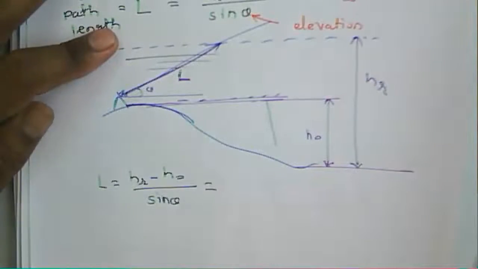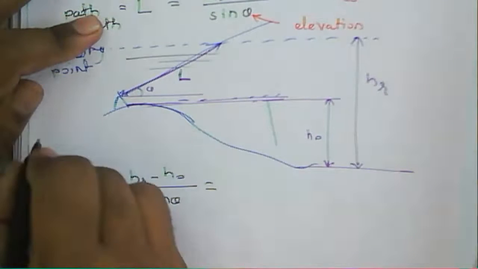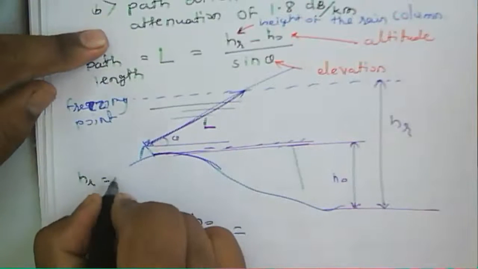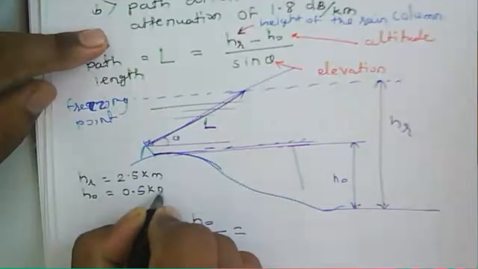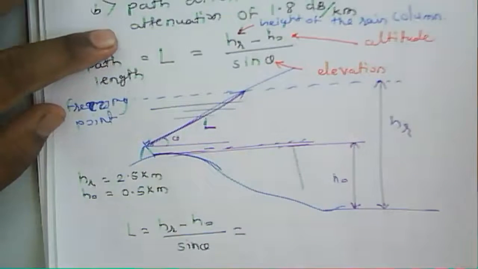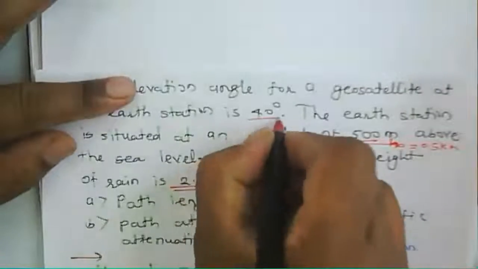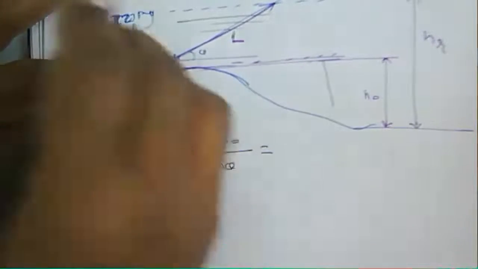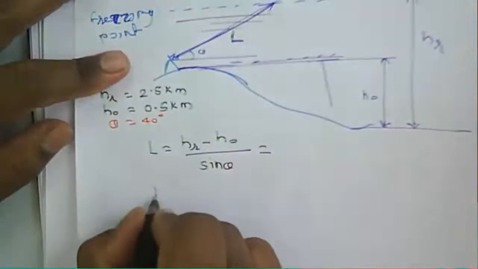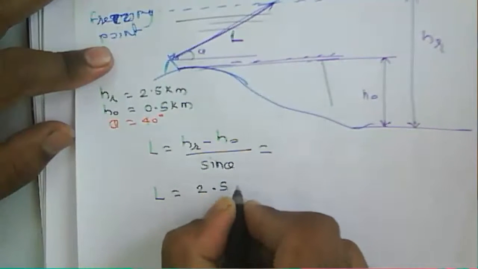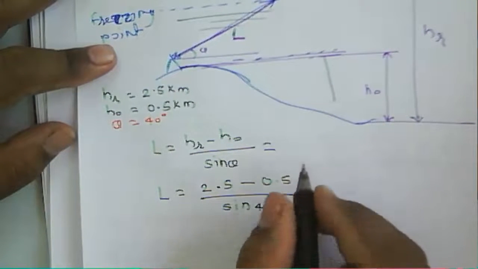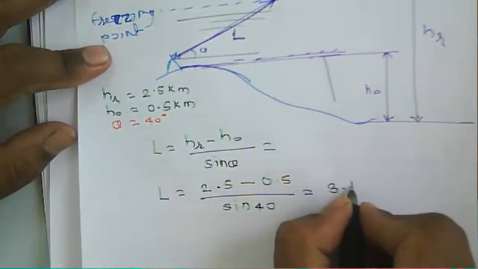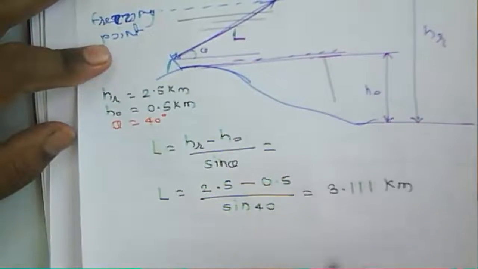The elevation angle theta is 40 degrees. So L is equal to 2.5 minus 0.5 divided by sine of 40, which gives us 3.11 kilometers. That is the length.